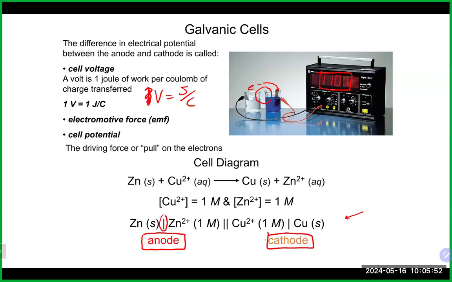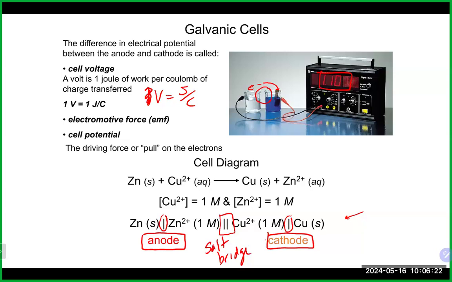So we have zinc, which is the solid electrode hanging in there, and zinc ions floating around in the solution. The double line represents the salt bridge. Again, we have another single line that separates the different phases of our cathode. We have our copper ions floating around in the solution, and we have our solid copper there as well.